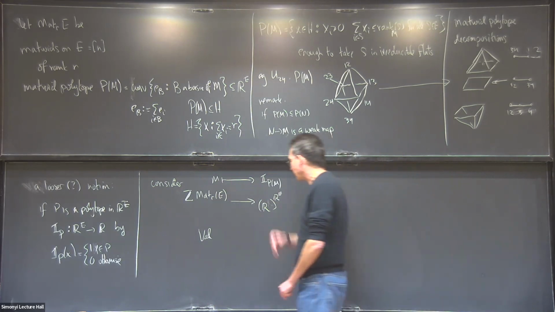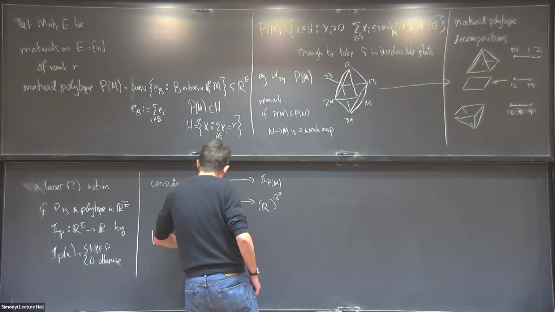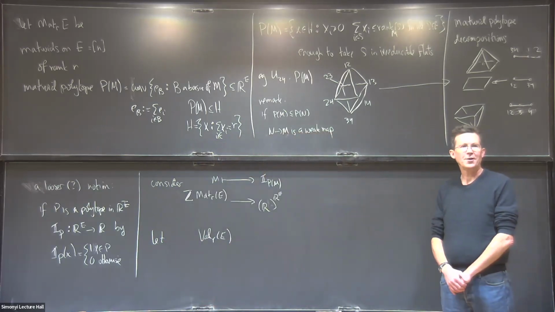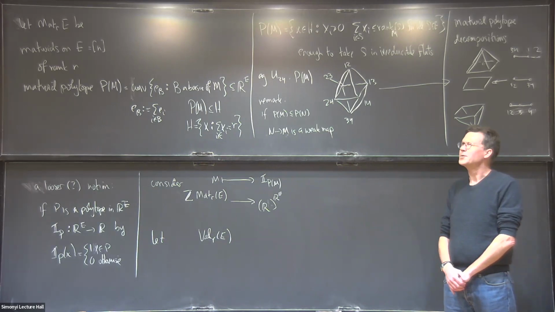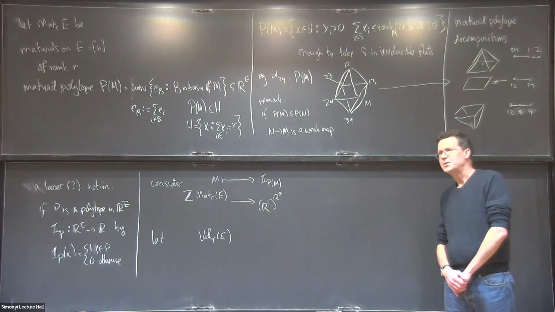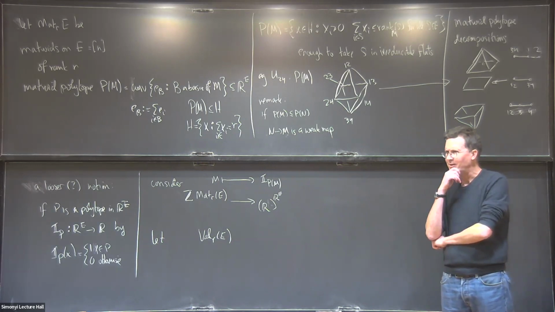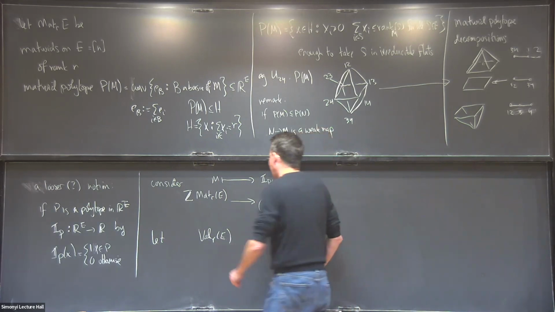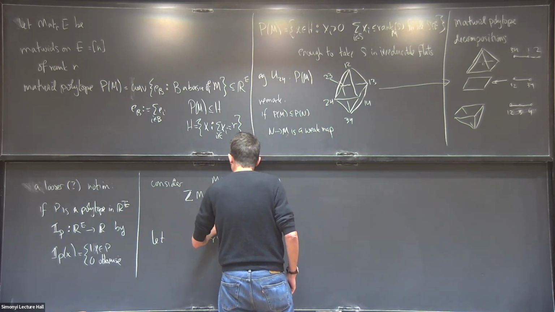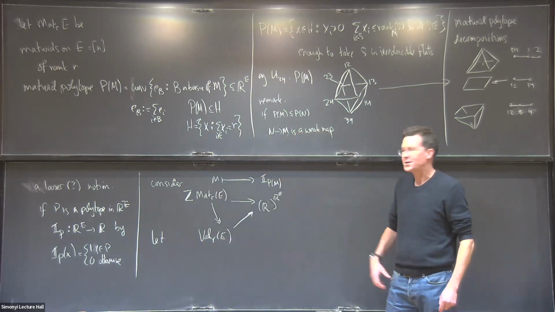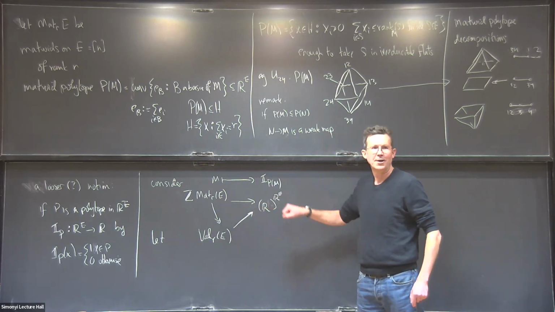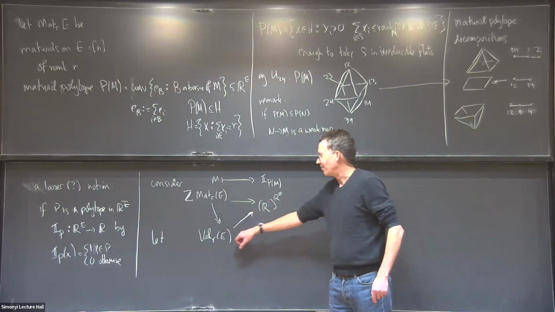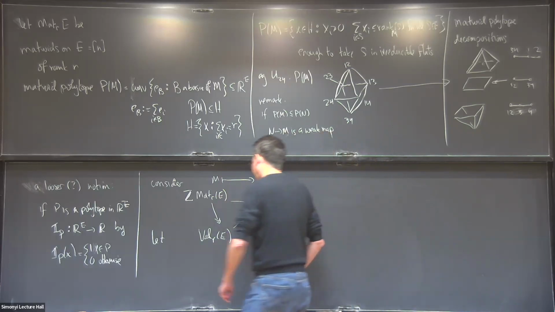Let Val_R, the group of matroids of rank R modulo valuative equivalence, be the largest thing that makes this diagram commute. More precisely, if I consider this map and then take the quotient by the kernel, that'll be what I call Val_R.